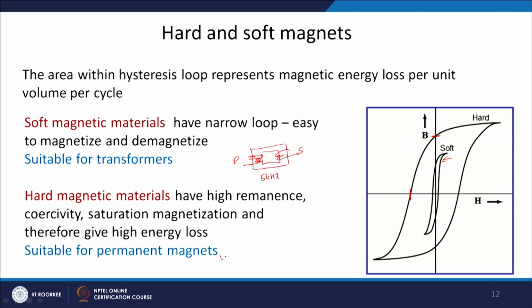So, in permanent magnets we will use hard magnetic materials, because in this material once we have magnetized it, we want it to remain like that. So, if it has a higher saturation magnetization, then it is good, the magnetic field which it is going to generate will be of higher value. So, for permanent magnets we want to have hard magnetic materials.